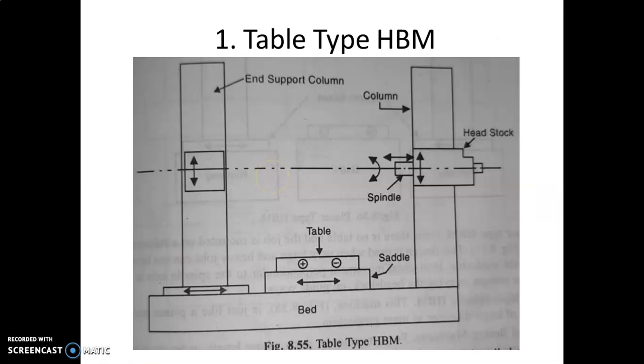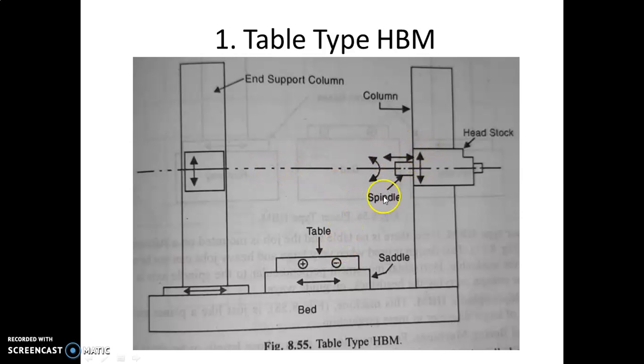So let's discuss the first type of horizontal boring machine. Generally the work is held stationary on the work table. This is the work table over which the workpiece is kept fixed, having in and out as well as back and forth movements, that is, perpendicular and parallel to the spindle axis.